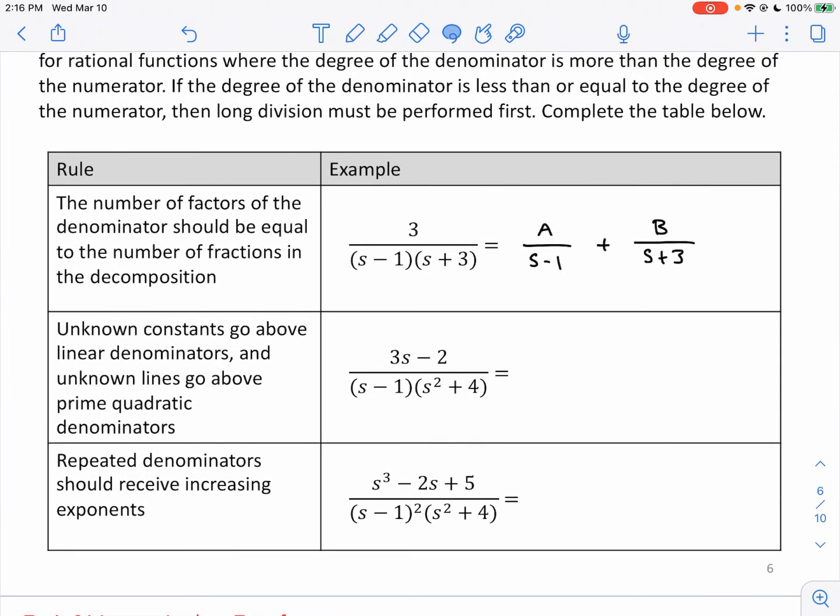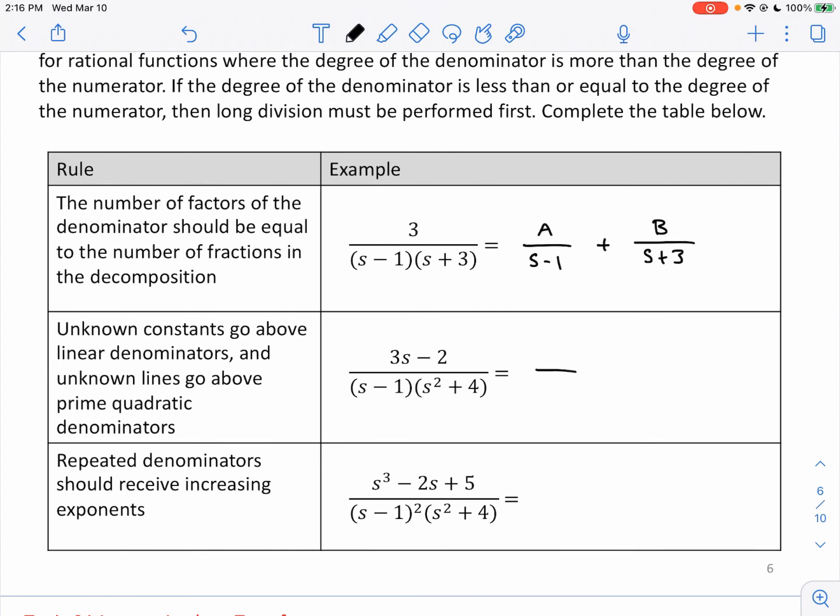And the next rule also says that unknown lines go above prime quadratic denominators. So using the first rule on this next example, I do see two factors in my denominator, and this one here is prime quadratic. It can only factor using imaginary numbers, and we're going to stick with the real numbers here, so we cannot factor that any further.